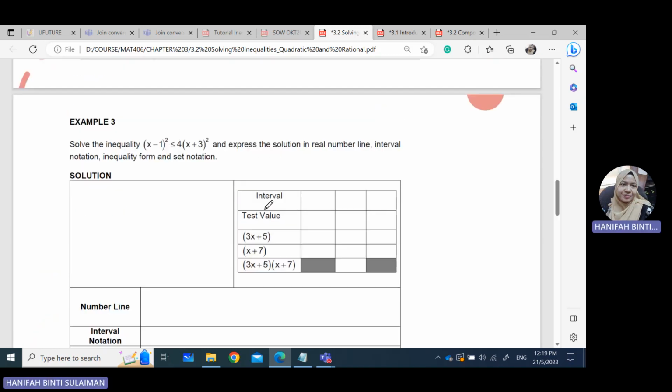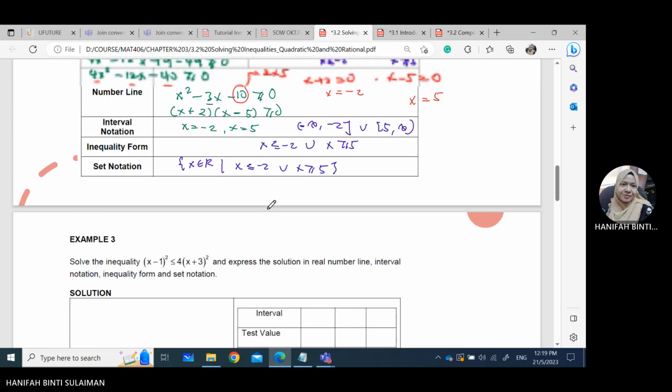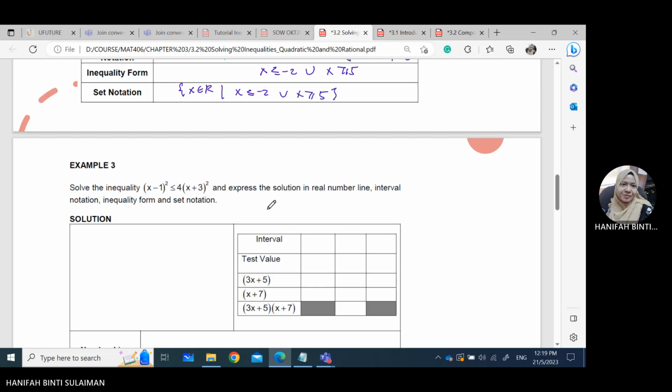Ya, okay. Oh, rational, yes. Maksud rational tu adalah pecahan. Okay, so this one.